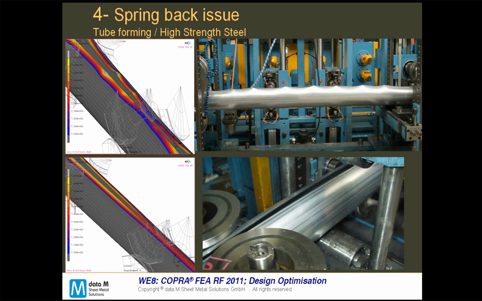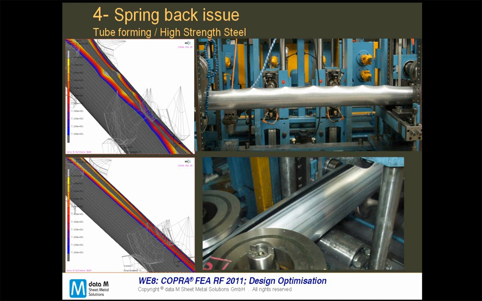We see on top the real part which came out of the machine, and in the simulated part we see huge waviness issues which could be reproduced in the FEA, and after the optimization we see that the representation of the reality with the simulation is almost one-to-one.